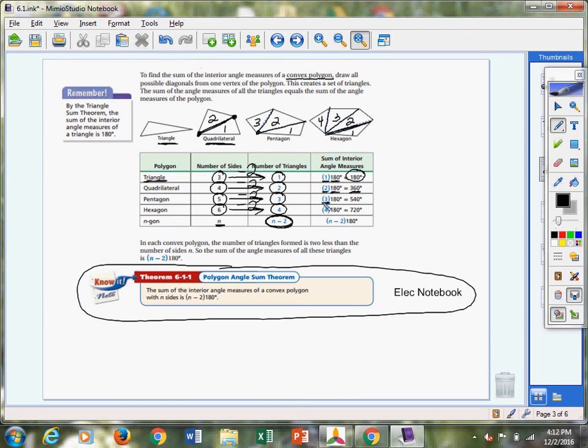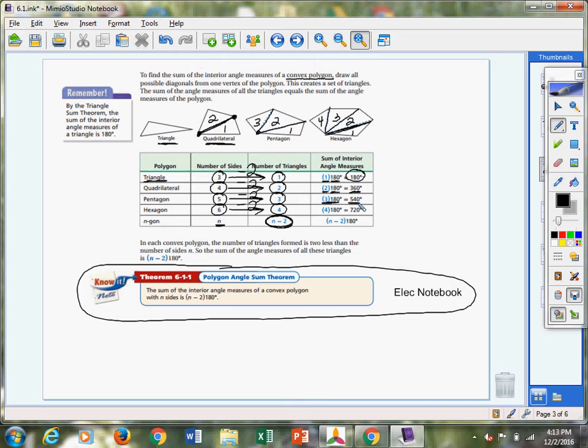If you formed three triangles, then 3 times 180 is 540. So that means pentagons have a total of 540 degrees formed by all of their angles. That's the pattern, and that's what this theorem is about.